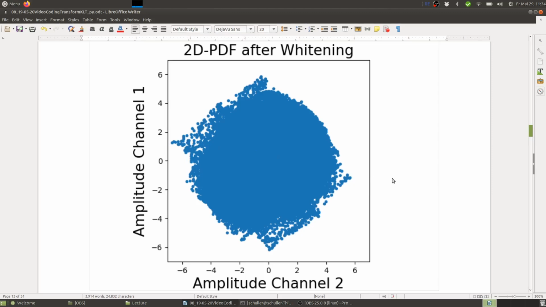And that means we need a second step. Right? After this whitening, since it's not Gaussian, we need a second step, which rotates the whitened version such that we have this alignment with the two axes again, so that we get a separable signal.